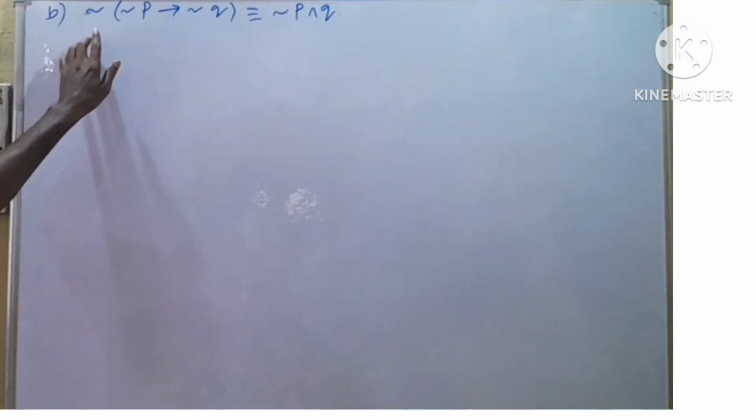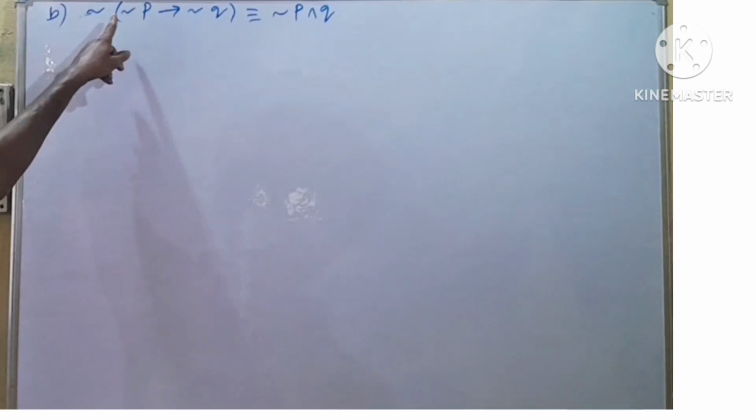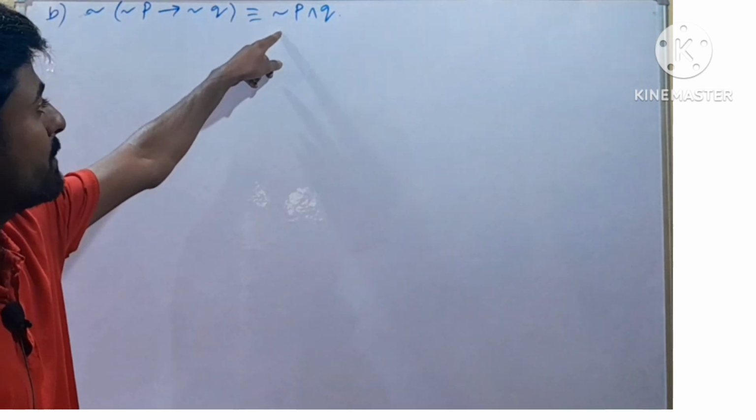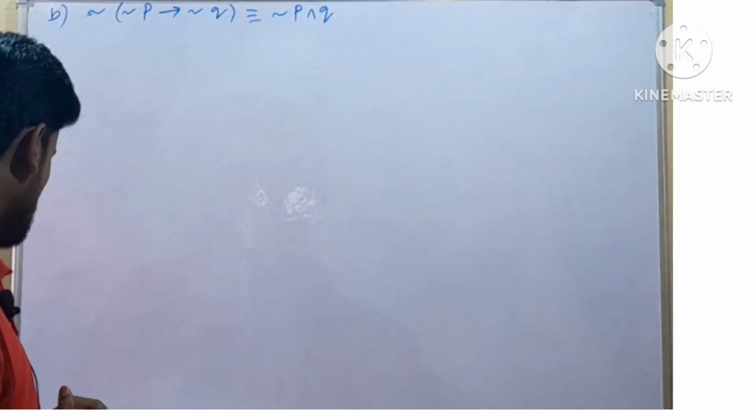Next, part B, here we have to prove that negation of P conditional negation of Q is equivalent to negation of P conjunction Q.